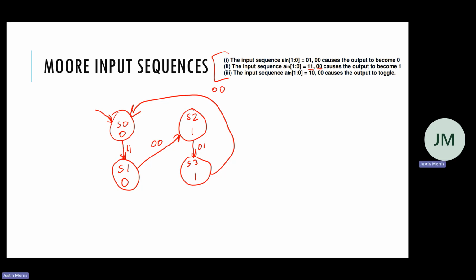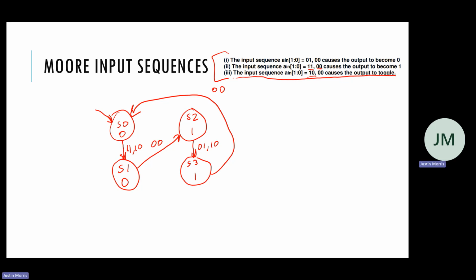And then the other thing is this case 3. If I see 1, 0 in either case, I should go to my prep state, right? Because it doesn't matter what it is. If I see 1, 0 and then 0, 0, I need to toggle. Do you see that?